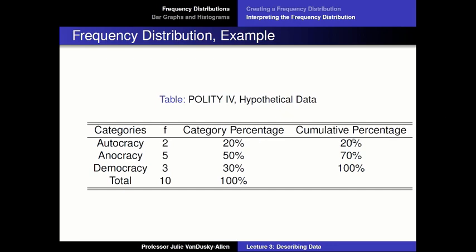So autocracy only goes up to 20% in the cumulative percentage column, so autocracy cannot be the median. Anocracy goes up to 70%, so it includes that 50% value. So anocracy is the median value of this data set.